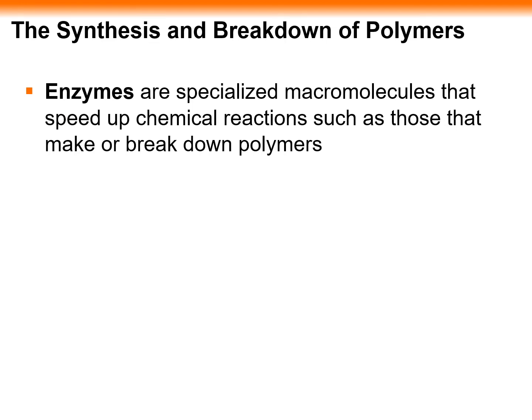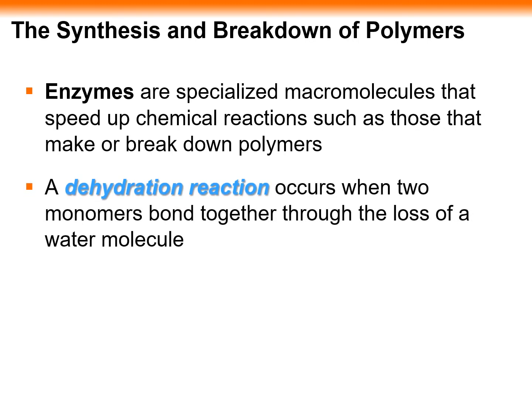When we're assembling monomers together and adding monomers on to lengthen a polymer, that reaction is called a dehydration reaction, sometimes called dehydration synthesis, where we are putting two monomers together, or tacking a monomer onto the end of a polymer. And when we do that, we create a water molecule that is a product of that reaction.